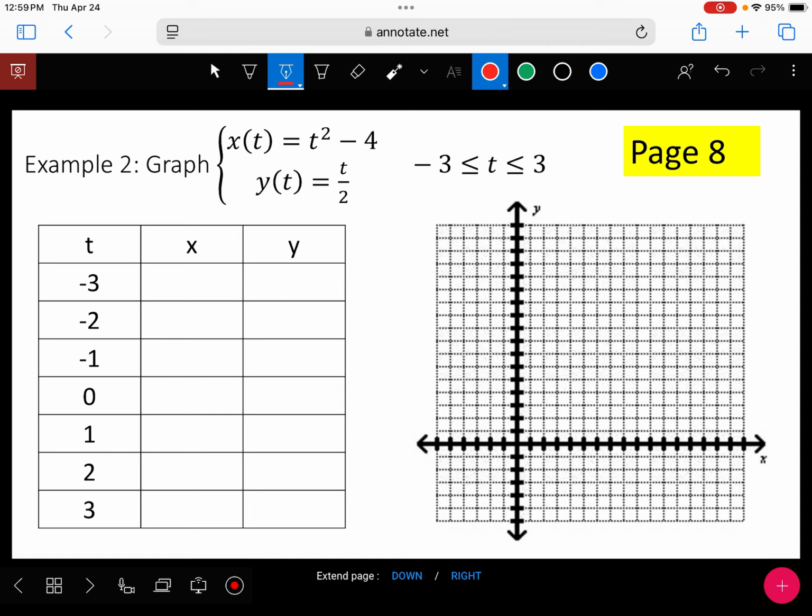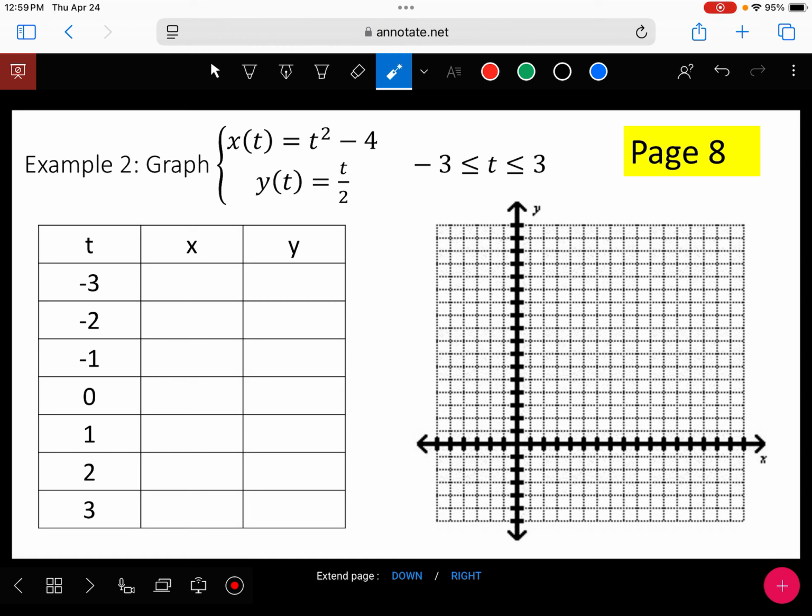So just like before, we're going to take every single one of these t-values. First, we plug it into our x parameter and list those numbers in the first column. Then we take those same 7 numbers and put them in our y.